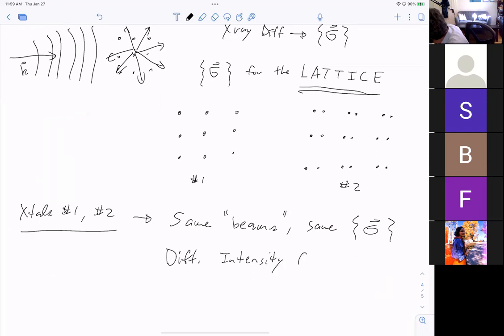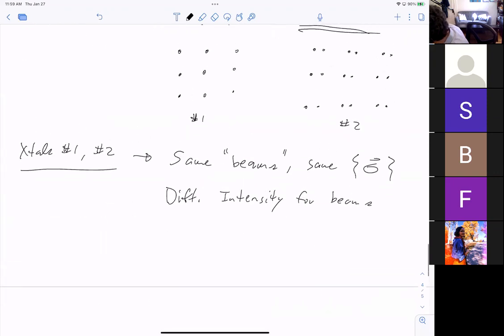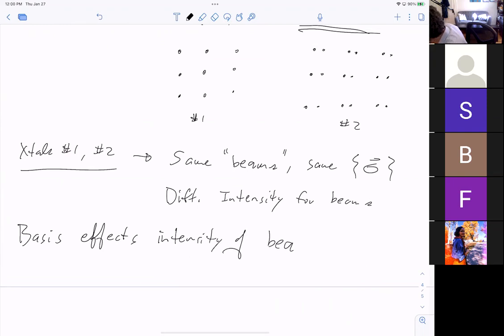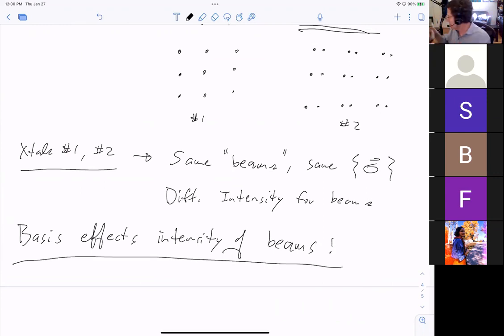So the point is that the basis affects the intensity of beams. So the structure of the basis, right, this is the basis. These 2 crystals have the same crystal structure. They have the same lattice, but they have different bases. One has a 1-atom basis, one has a 2-atom basis.